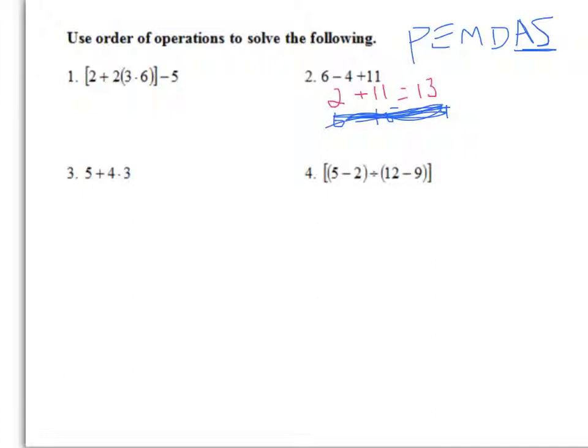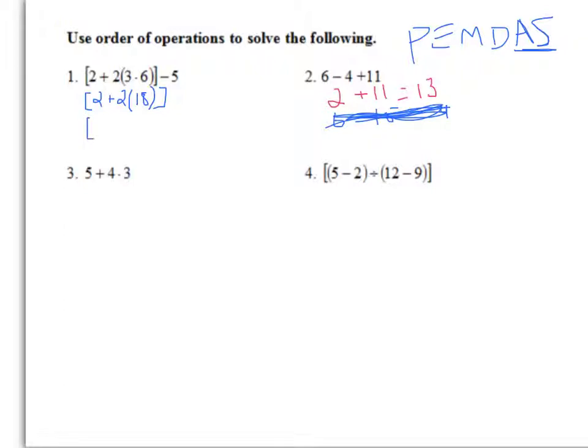Now for problem number 1, we're going to work brackets first, but within the brackets there's parentheses. So before I do 2 plus 2, I need to multiply 3 times 6 to get 18. And then that's a multiplication problem.